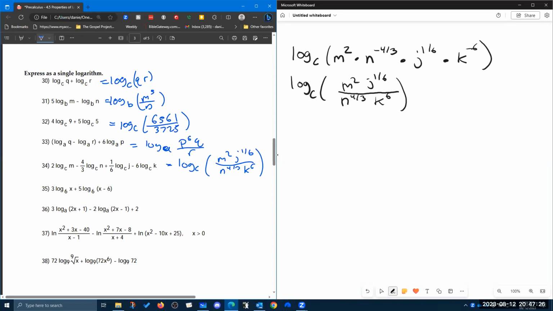I could do that instead of those fractional exponents if you'd rather see that. M squared times the 6th root of j over k to the 6th times the cube root of n to the 4th. That would also be acceptable.